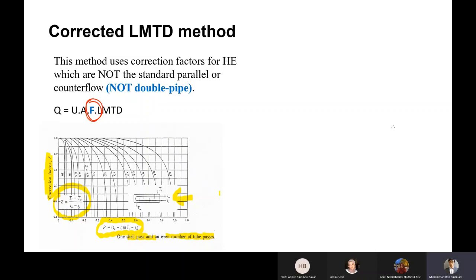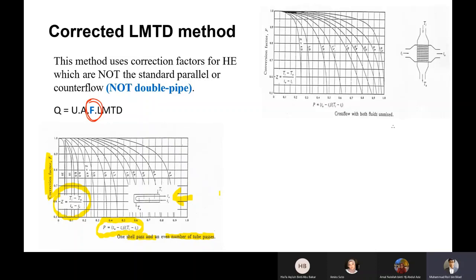So this is the one we use for heat exchangers other than double pipe. I only have 3 here. The first one is one shell pass with an even number of tube passes. This one is for cross flow with both fluids unmixed, and this always happens in heat exchangers in air conditioning. You use this graph.